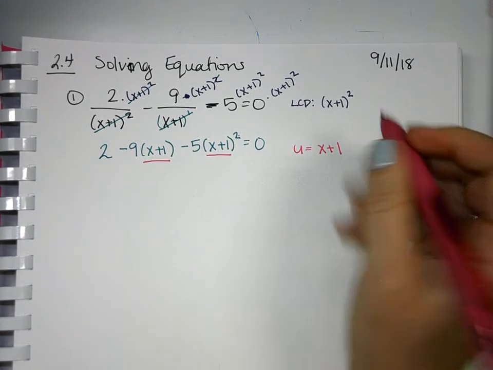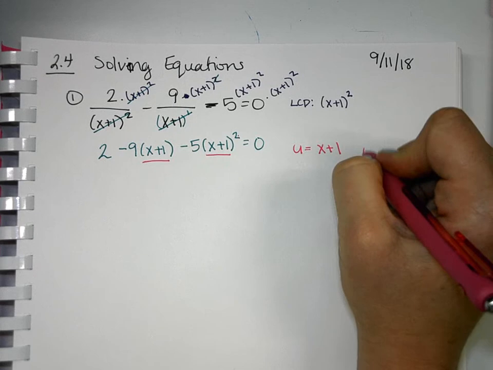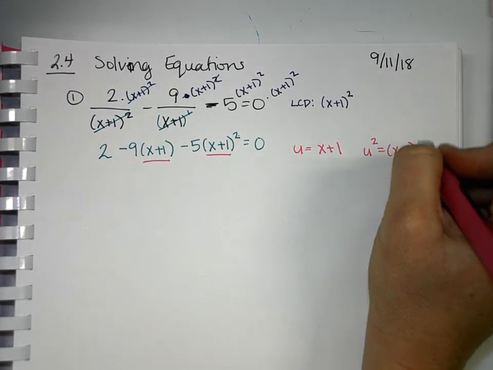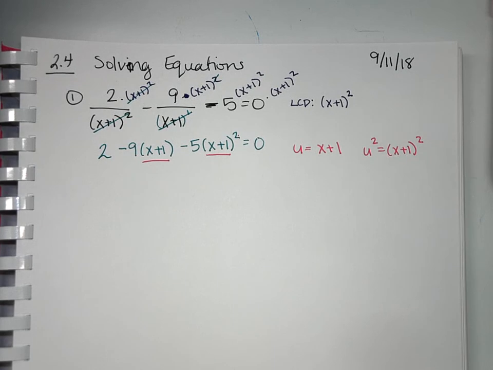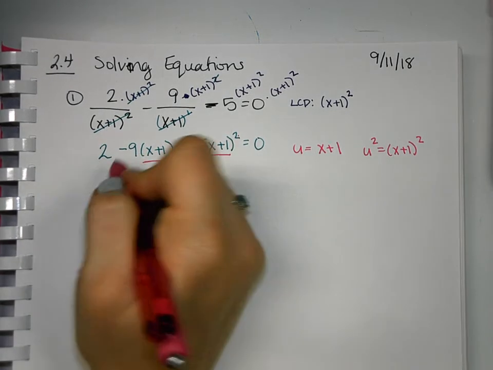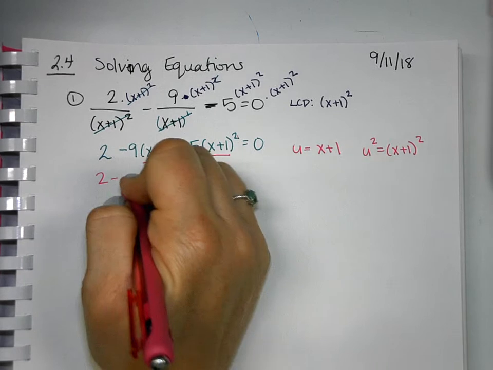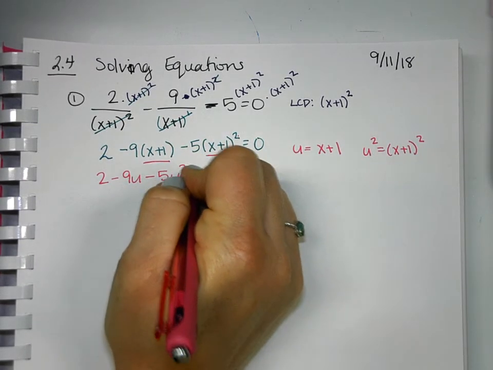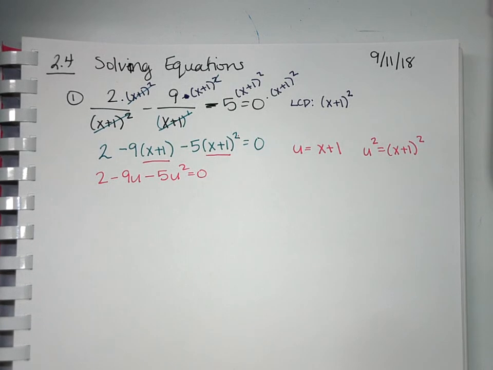So if I say let u equal x plus 1, then u squared would be x plus 1 squared. So this allows me to simplify my factoring to 2 minus 9u minus 5u squared, so that I don't have this polynomial in a polynomial.